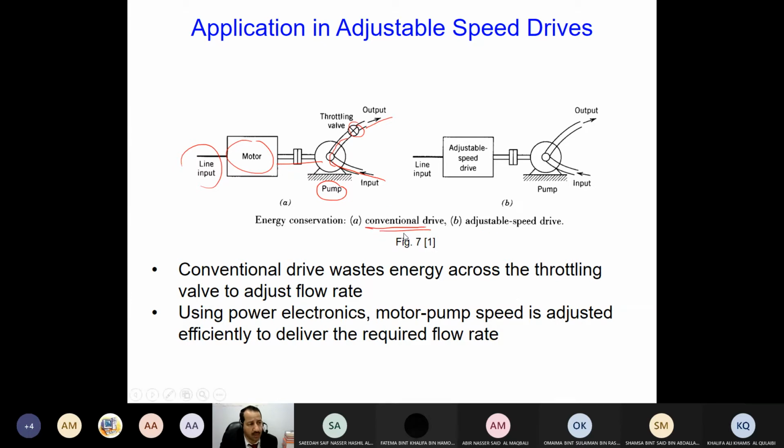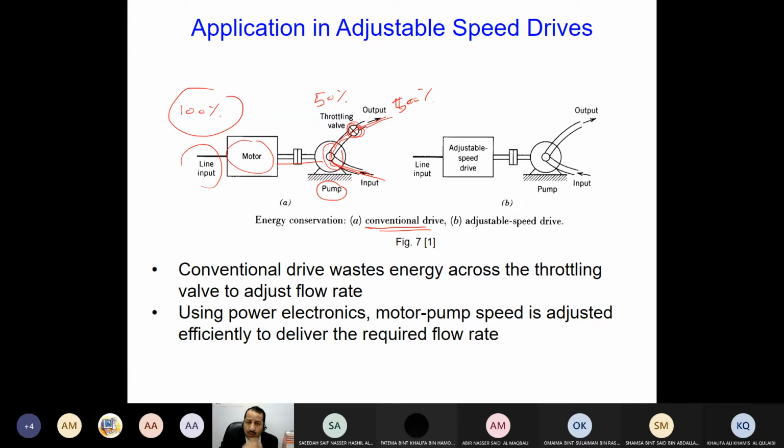The problem with this is, let's assume we use 100% of the power to the motor. It rotates this water pump, and the water flow here is 100% when the valve is open 100%. But if the valve is open 50%, yes, the output will be 50%, but still the input received by the motor is 100%.